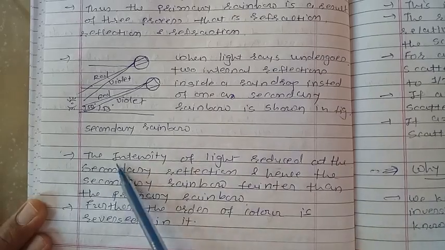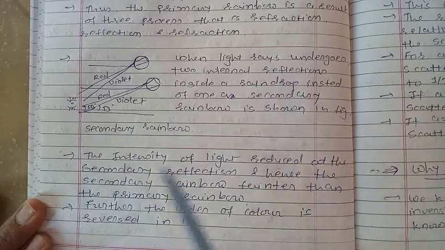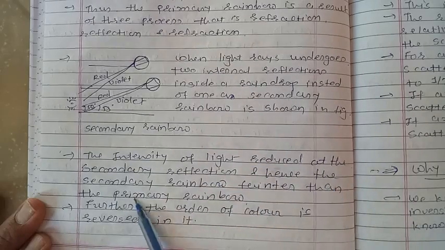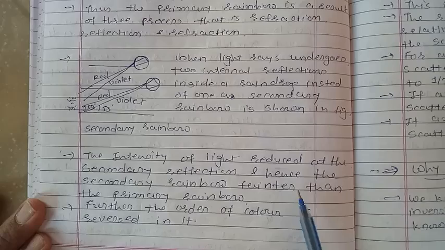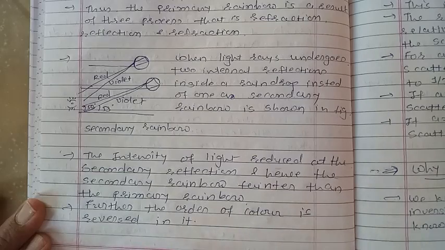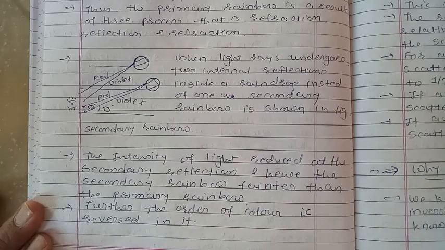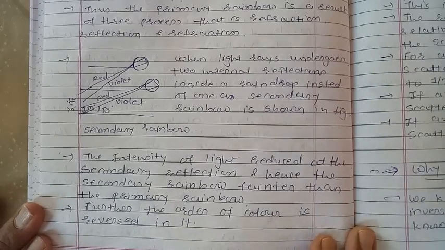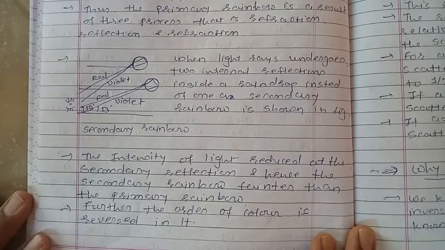So we can say that the intensity of light is reduced at the secondary reflection, and hence the secondary rainbow is fainter than the primary rainbow, and further the order of color is reversed in it, right? Because in this case 2 internal reflections occur.